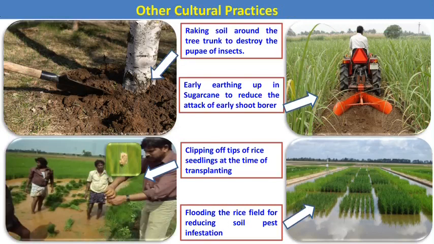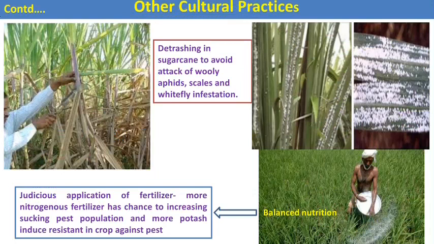Then flooding of the rice field helps to reduce soil pests. Then the de-trashing technique, mostly used in sugarcane, helps to reduce different sucking pests. And balanced nutrition is one of the effective techniques to reduce the sucking pest population.